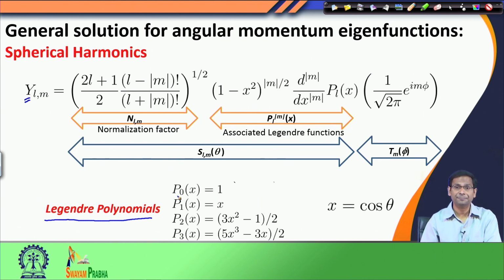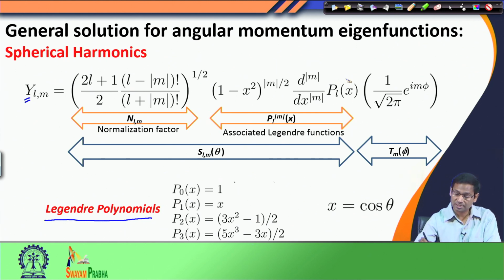The 0th order Legendre polynomial is simply 1. The first order Legendre polynomial in the coordinate x is simply x. Since x is cos theta here, P1 of cos theta is cos theta. The second order Legendre polynomial is 3x square minus 1 divided by 2. The third order Legendre polynomial is given by this.